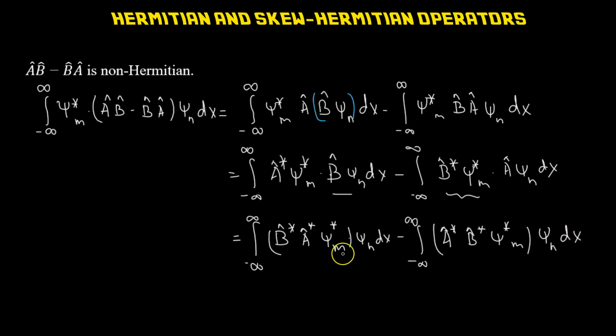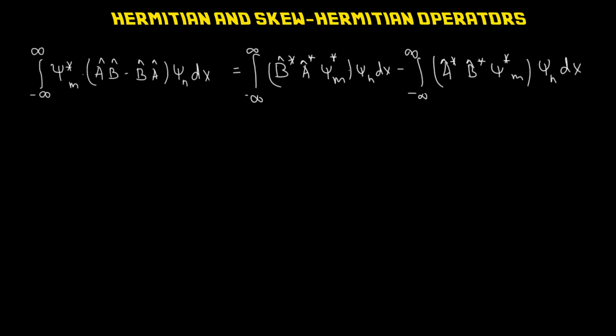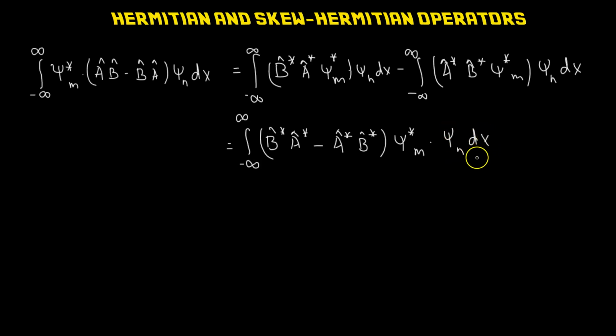Now we can combine this into one integral from negative infinity to positive infinity: B star A star minus A star B star operating on psi star m times psi n dx.